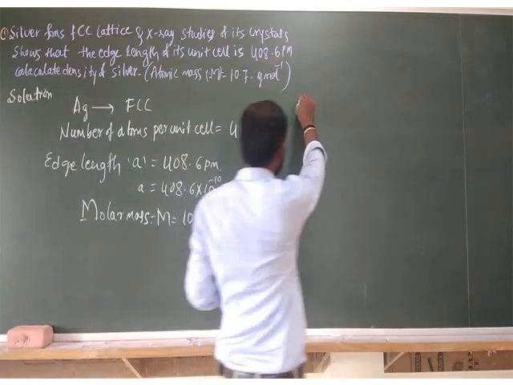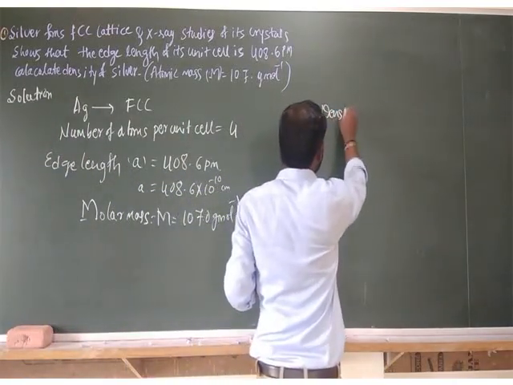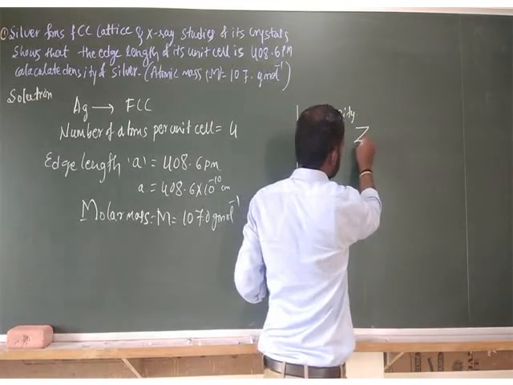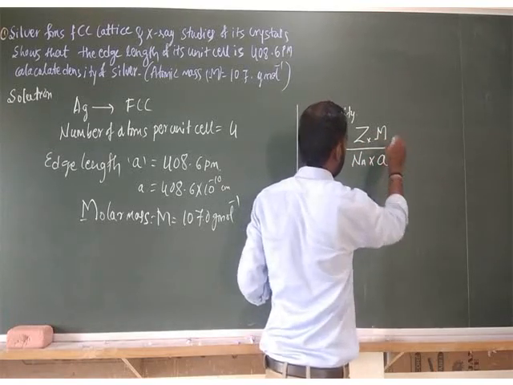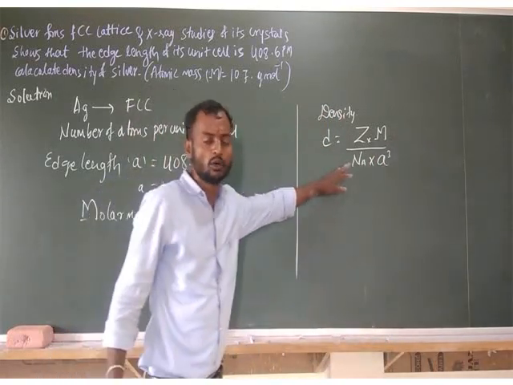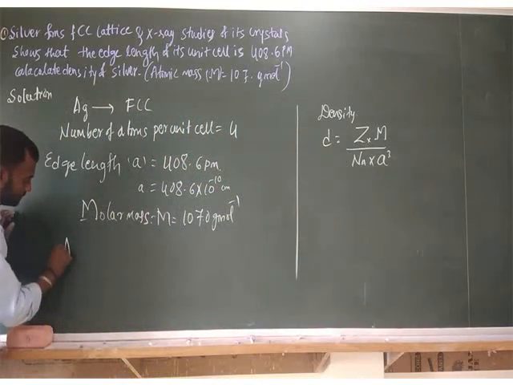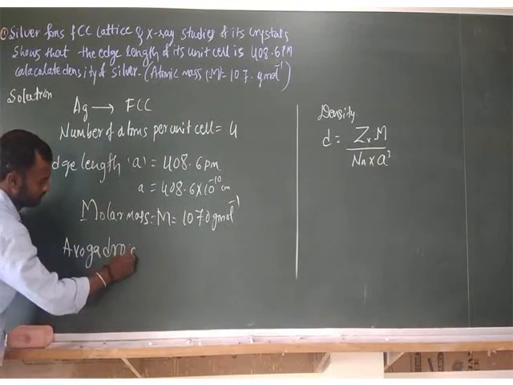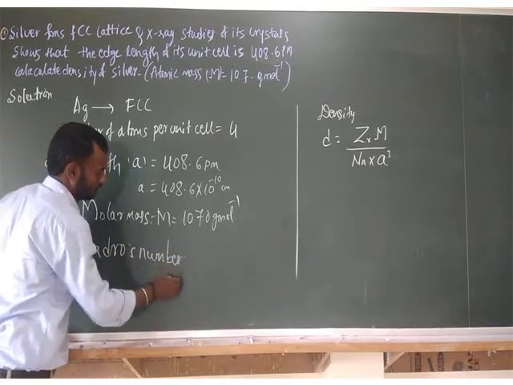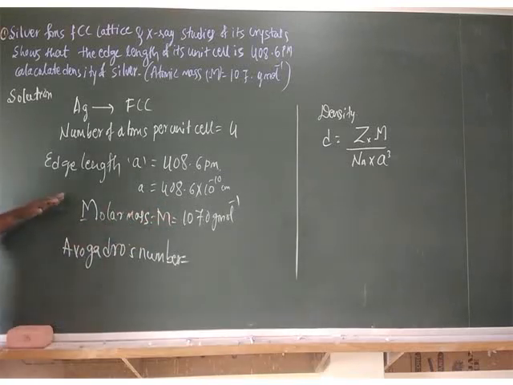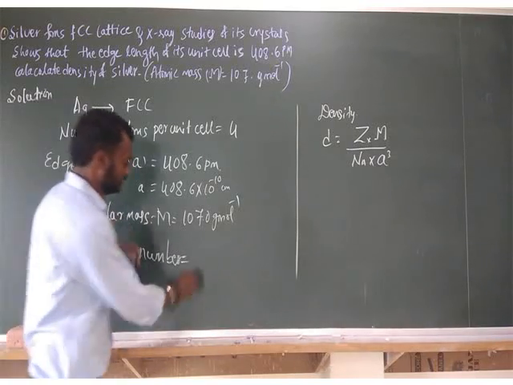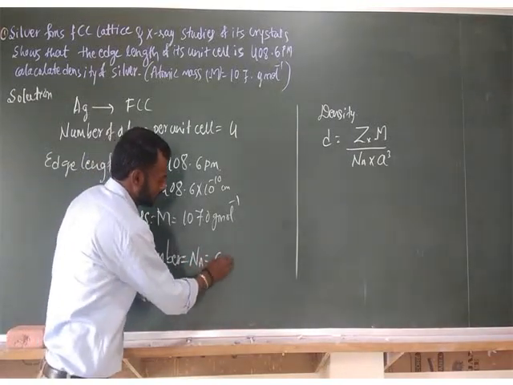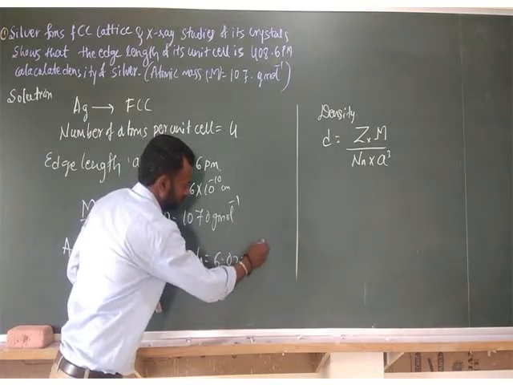So what is the formula for this? The density D is equal to Z into capital M divided by Na into a cube, where Na is Avogadro's number, 6.022 into 10 raised to 23 per mole.